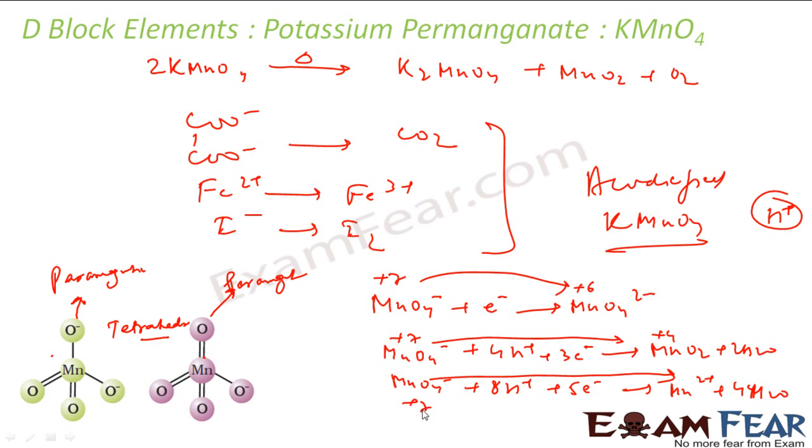If it is reduced from +7 to +2, then it will oxidize something more, correct? So the more acidic the medium, the more is the oxidizing power of KMnO4, and that's why we use the term acidified KMnO4. Without acidic medium, potassium permanganate is not that strong an oxidizing agent, but in acidic medium, it is a strong oxidizing agent.